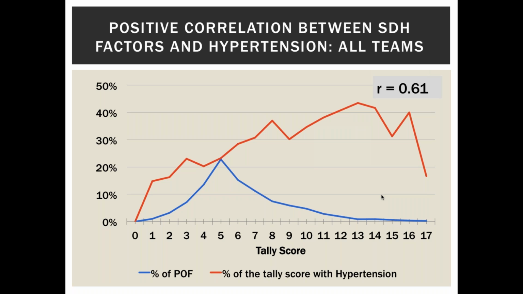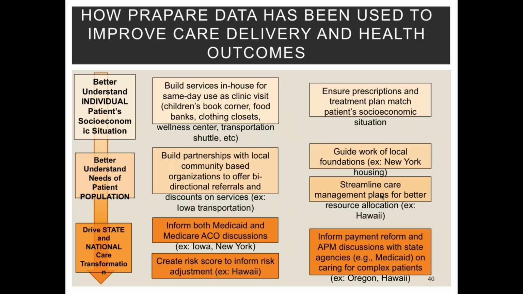So really, next slide, please. We were able to see some changes in terms of driving policy at the state level for the sites who were participating in the project. For example, one health center was able to use the PRAPARE data to make the case with insurers to advocate for support for intervention services, because they clearly didn't have some of these services in place to address these risks.